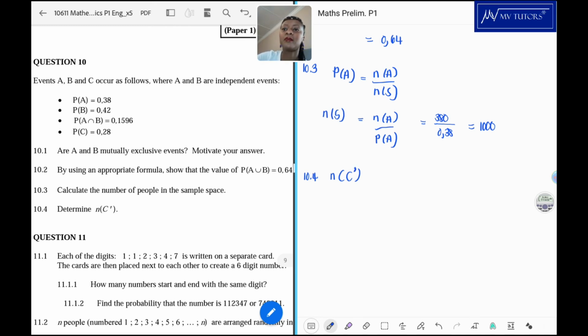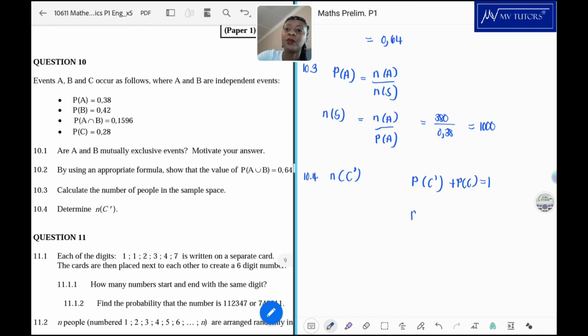Okay, so before I even answer this, I'm going to calculate the probability that C did not occur. And for me to do that, remember there's a complementary rule. The probability that C didn't happen plus the probability of C should give me 1, and that is the complementary rule.